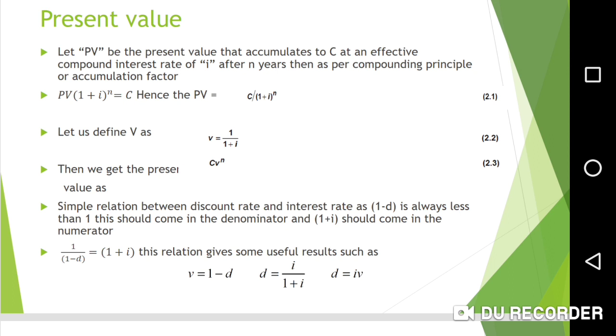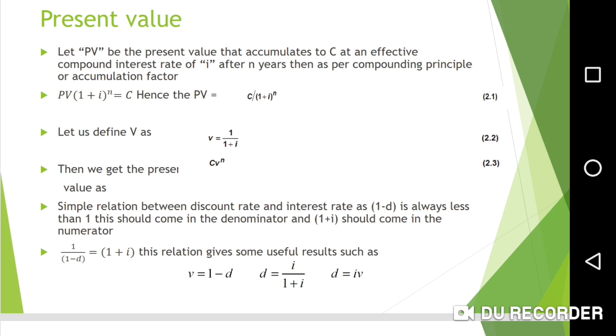If we take only $1 or £1, then after 1 year, if d is the discount rate given in the question, 1 by (1 minus d) is the accumulated value of $1 after 1 year, or 1 into (1 plus i) is the accumulated value. So these two should be equal, and this relation gives useful results such as nu equal to 1 minus d, because nu is equal to 1 by (1 plus i).